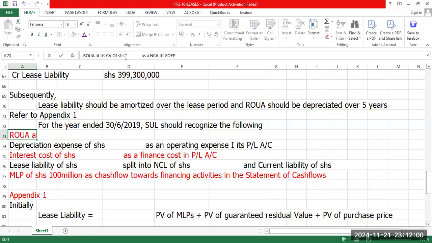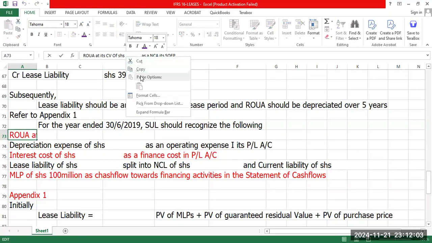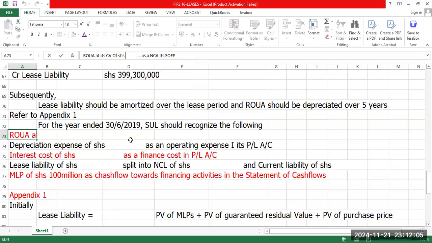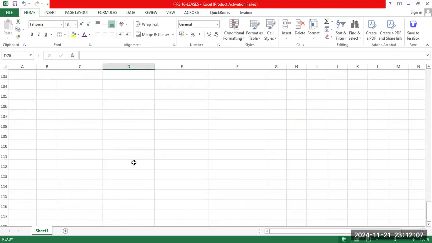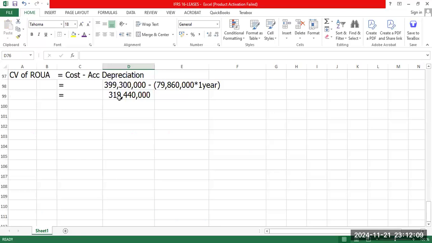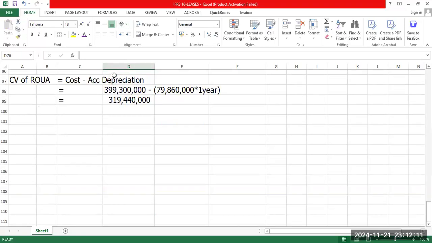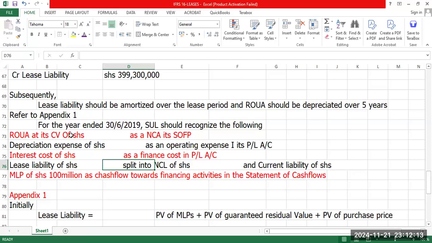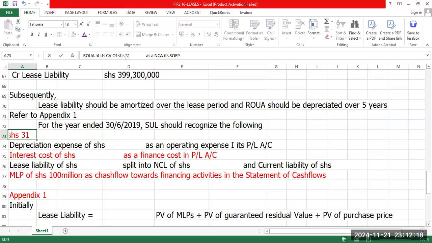So what is my right of use asset? 319,440,000.